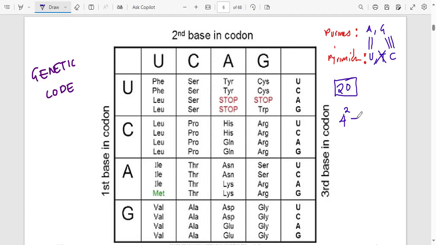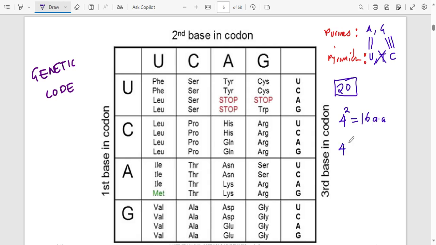How many amino acids are we going to form? Four squared is 16. So when you form 16 amino acids, they said no, we have 20 amino acids, so this will not work. If we arrange these four bases only in twos, it will not work.